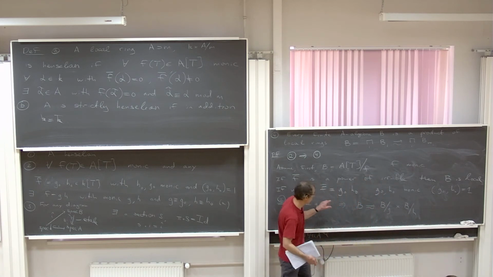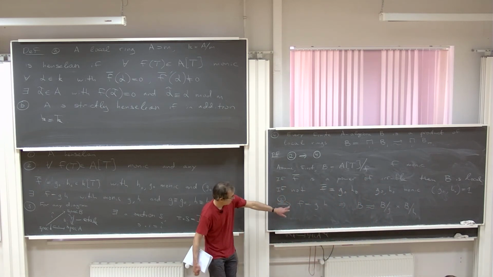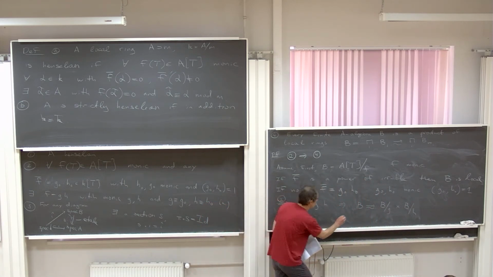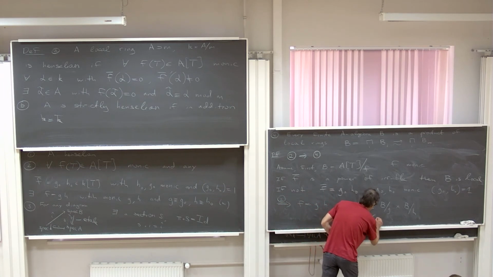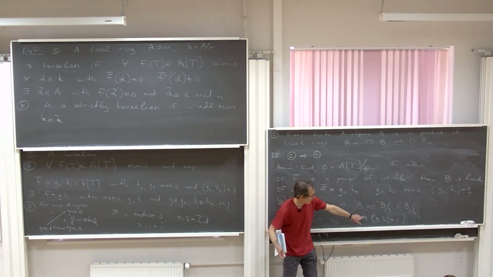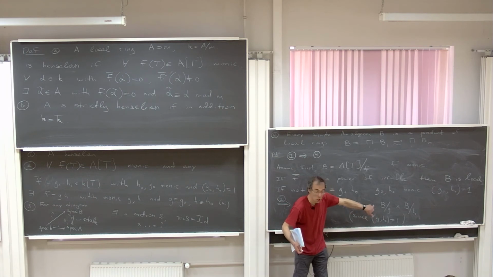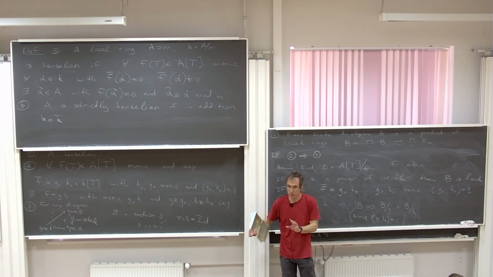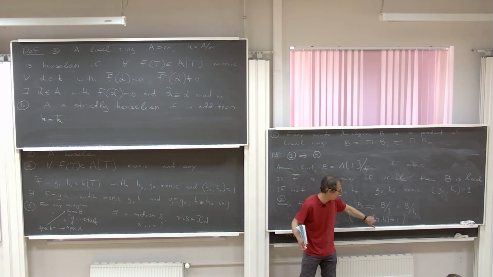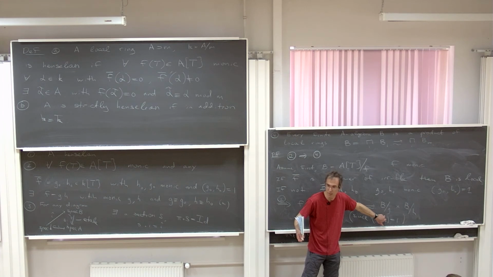So all I need to show, since G and H are coprime, in order to apply the Chinese remainder theorem, is that the ideal generated by G and H is everything.